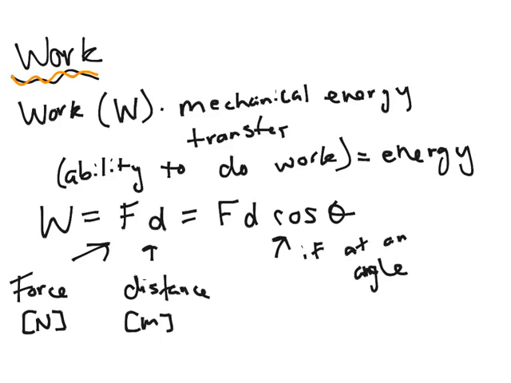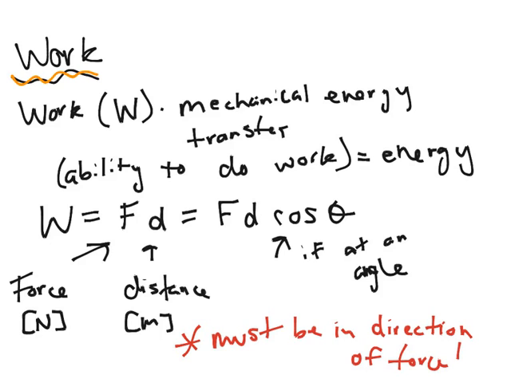So if you're doing work, it essentially must be in the direction of the force. So what I mean by that is if you're pushing something down, you're not doing any work because it's not going anywhere.